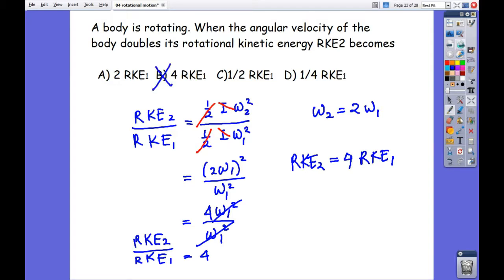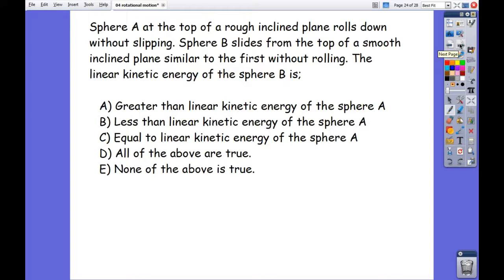Next, sphere A at the top of a rough inclined plane rolls down without slipping. Sphere B slides from the top of a smooth inclined plane similar to the first, without rolling. The linear kinetic energy of sphere B is?